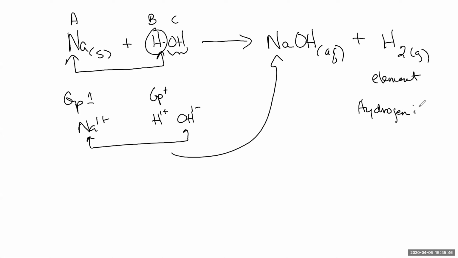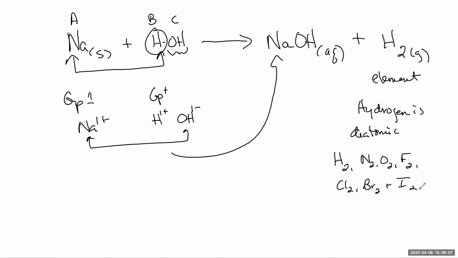Hydrogen is diatomic. There's a whole bunch of little details that you have to worry about in doing these reactions. Practice is really the key to making it work better. Remember, the diatomic elements are hydrogen, nitrogen, oxygen, fluorine, chlorine, bromine, and iodine. So whenever you produce these as elements, you need to remember to write them as diatomic molecules.